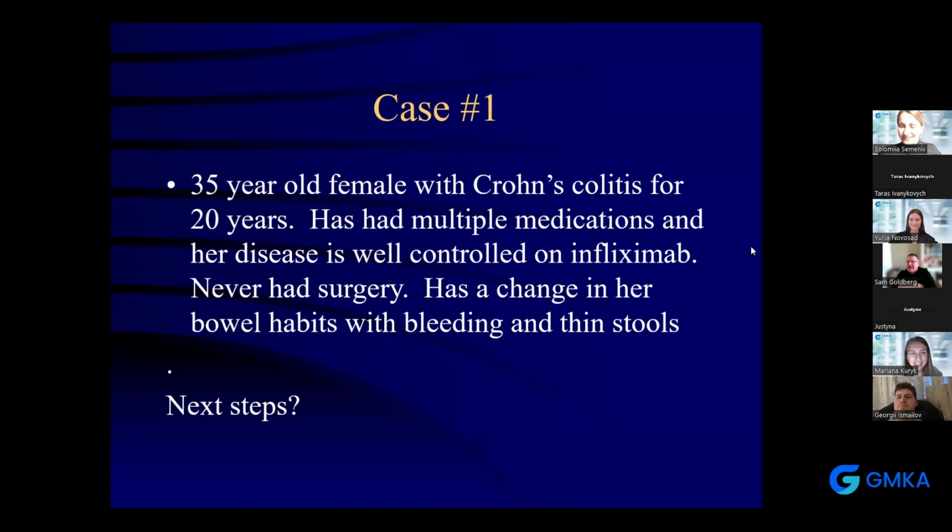So somebody has ileocolic Crohn's disease. You did a resection. They now have a recurrence of their ileocolic disease. 50-year-old person, second recurrence, but they have most of their colon left. What would you do for that patient?